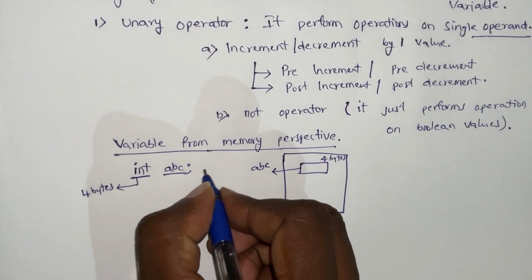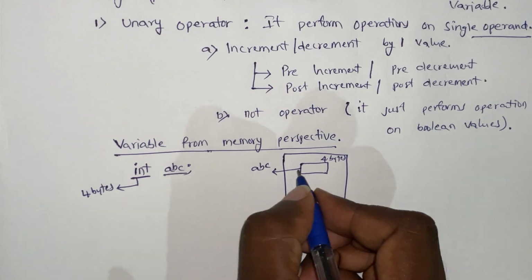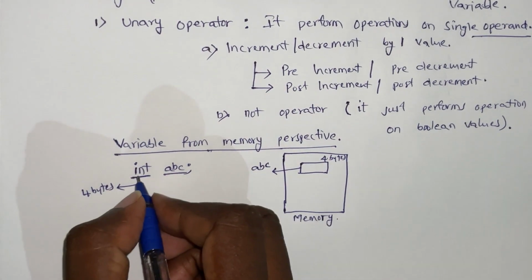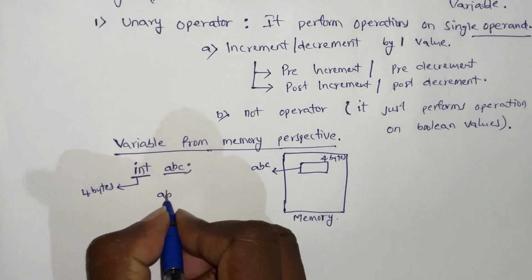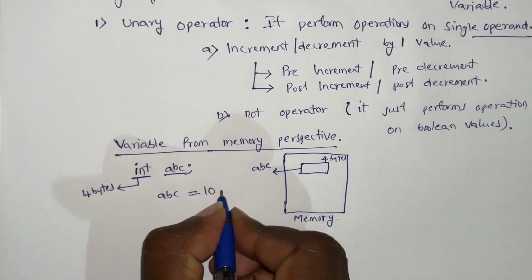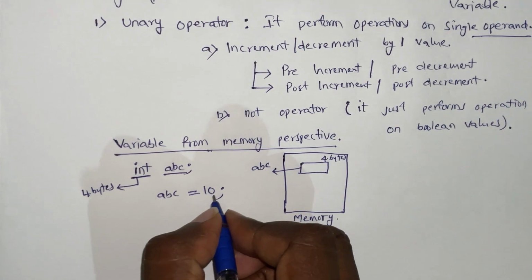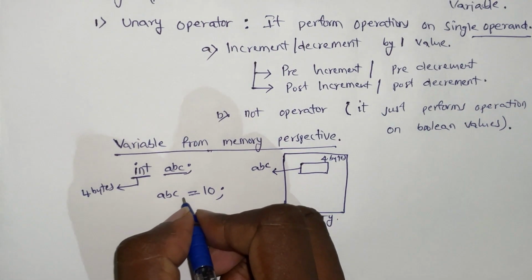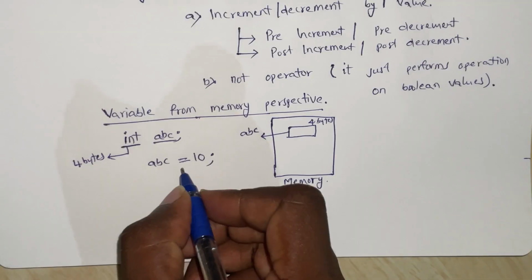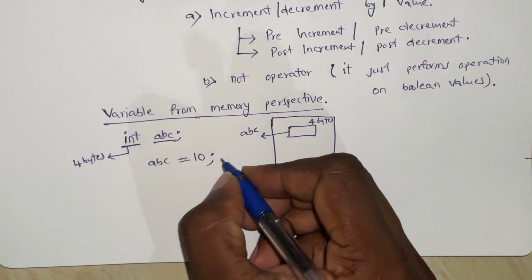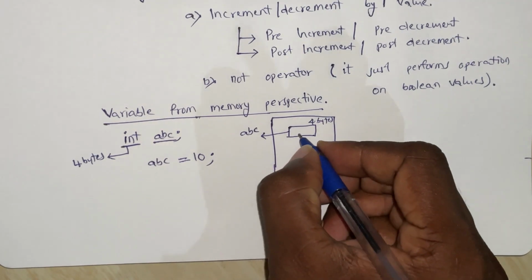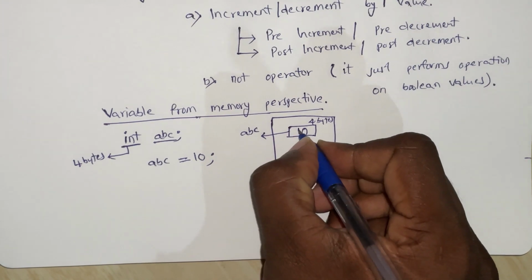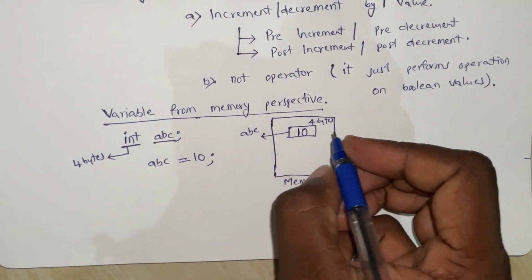This is the first line of code, where the abc memory location is created with 4 bytes because we are using the int data type. Let's assign some value: abc equal to 10. What this operation means is take this 10 and put it into the abc variable. So it puts the 10 into the 4-byte memory space assigned to abc.